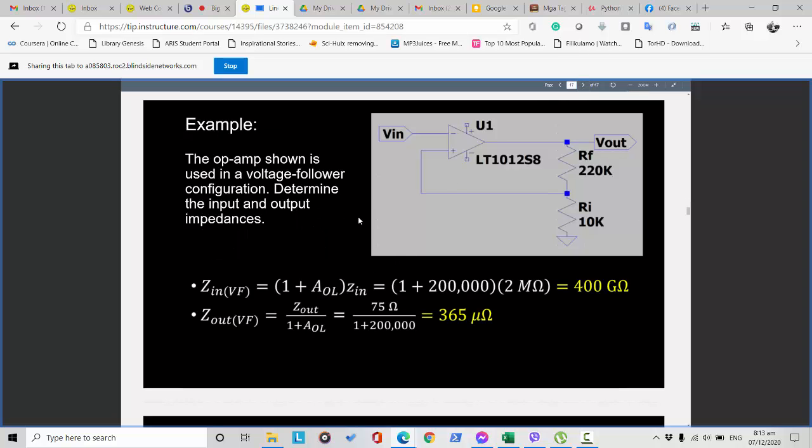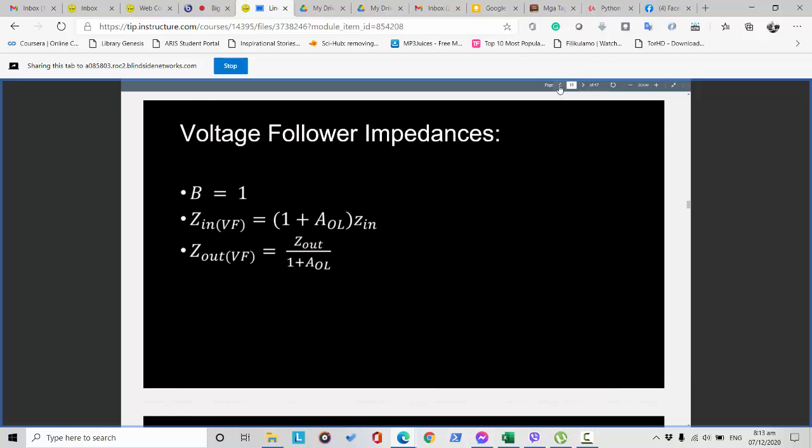So we have an example here of a voltage follower configuration. We are asked to determine the input and output impedances. So we already have the formula. We just have to substitute the values from our given. This given was also the same as this one.